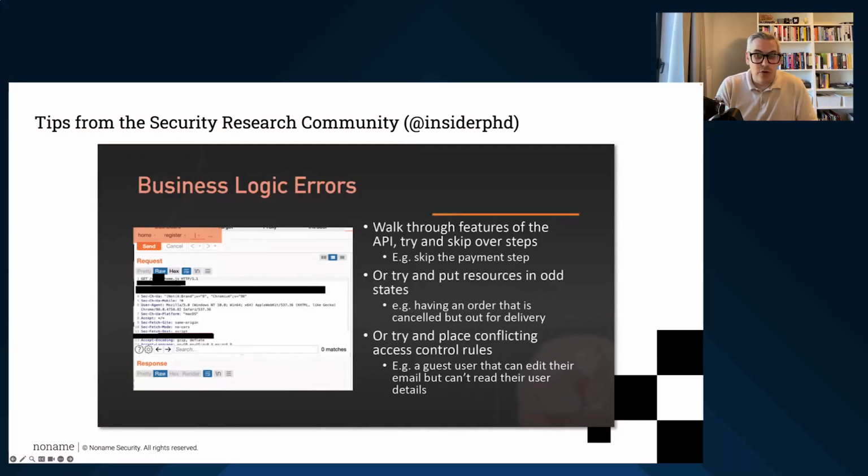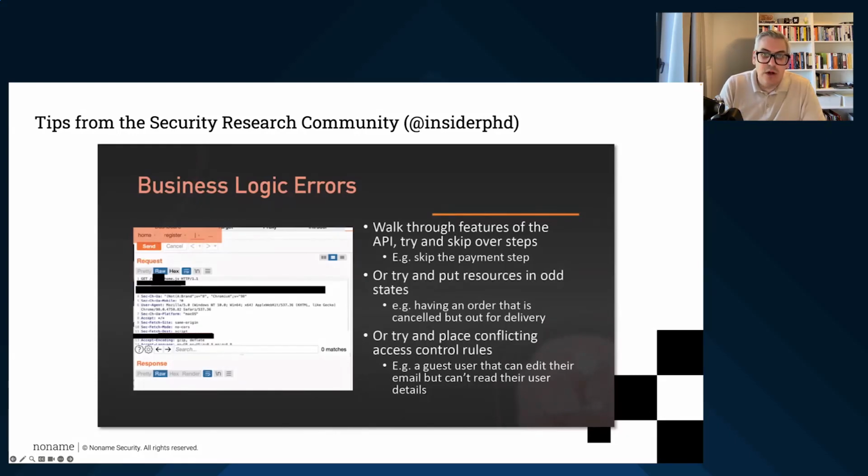So think about an order process on an e-commerce site, for example. Searching for an item, putting it in your shopping basket, going through a shipping address process, going through the payment process, etc., and then figuring out if there's a step that you can skip whilst the backend system still accepts that flow. Those are the types of attacks we can look at and validate.